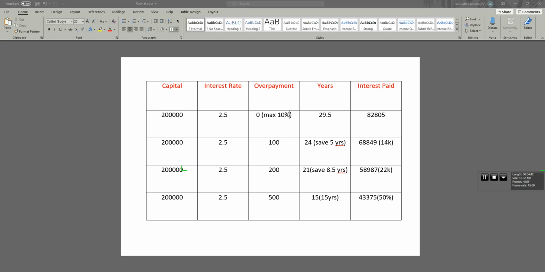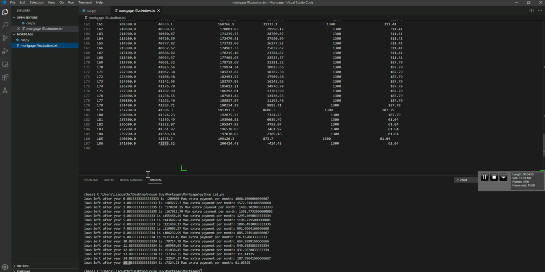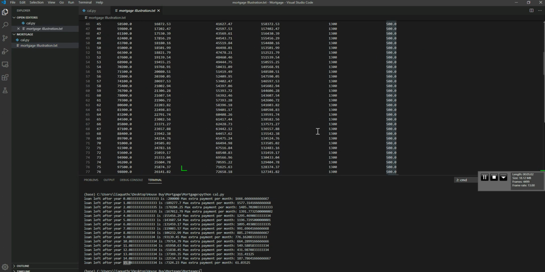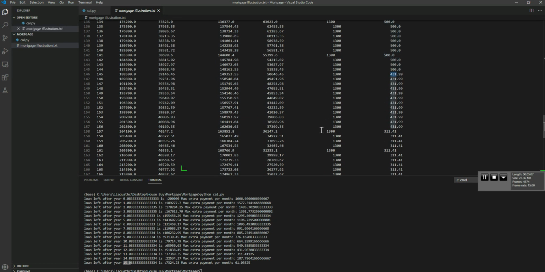So for this, what I did in the calculations, you can see that I was commenting this out. When we have an extra payment, if you go back to our last one, you can already see that. The extra pay is 500, that's fine. But then suddenly our extra payment went down to 431. After about 10 or 12 years, you are not paying 500 extra anymore.